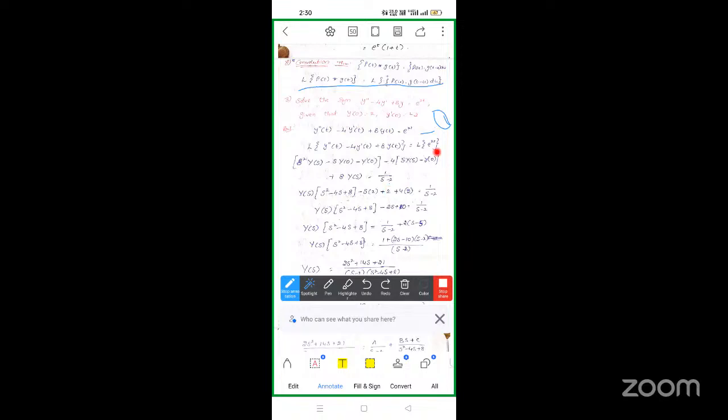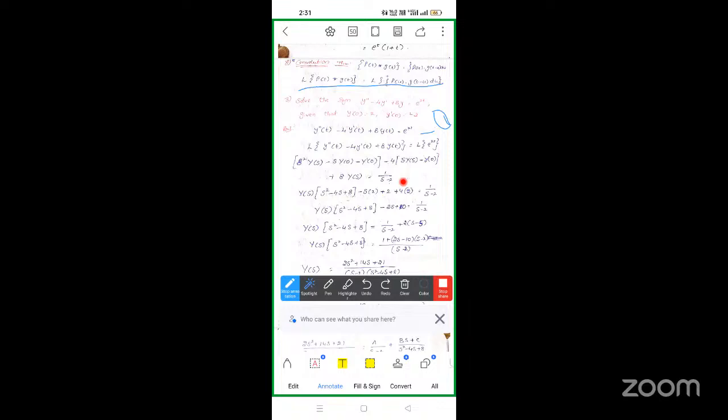So we can apply the formulas. The Laplace transform of the second derivative is s square into y of s minus s into y of 0 minus y dash of 0, minus 4 into the first derivative formula, s into y of s minus y of 0, plus 8 into y of s, is equal to 1 by s minus 2.